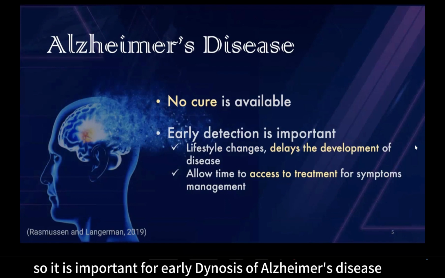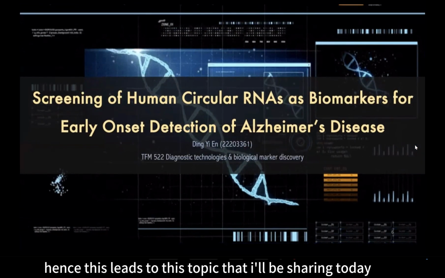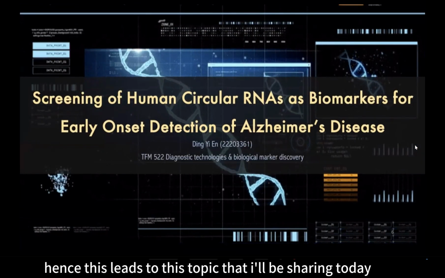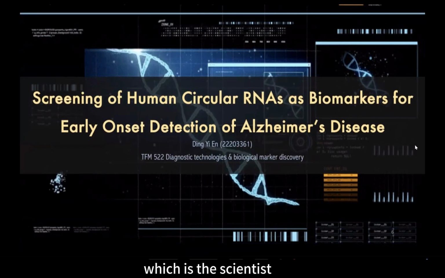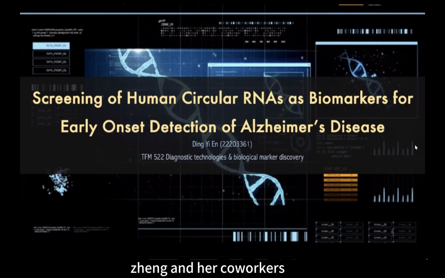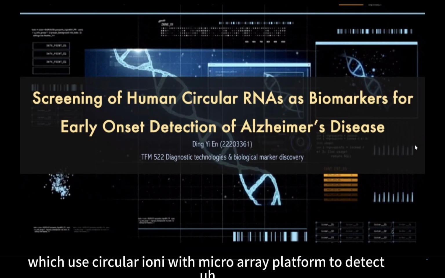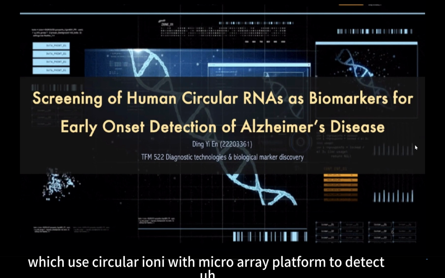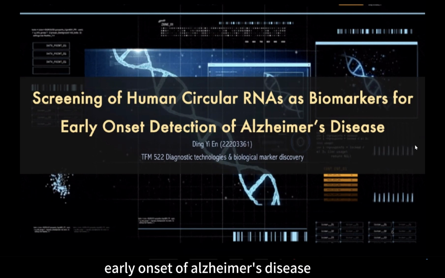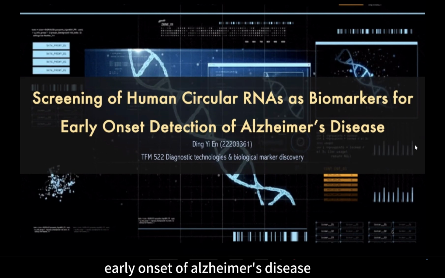So it is important to have early diagnosis of Alzheimer's disease. Hence, this leads to the topic I'll be sharing today, in which the scientist Zheng and her co-workers used circular RNA with a microarray platform to detect early onset of Alzheimer's disease.